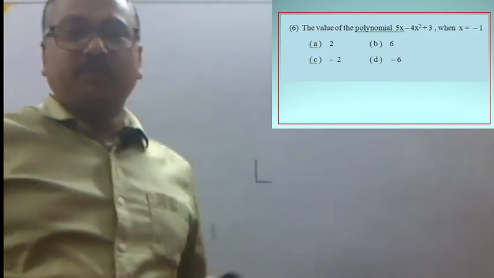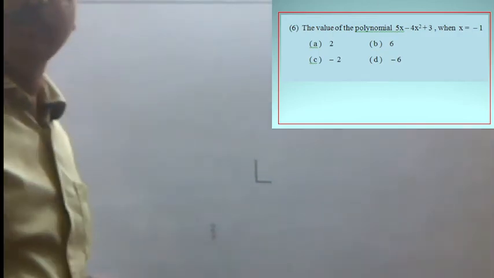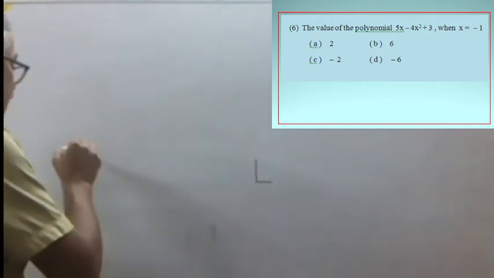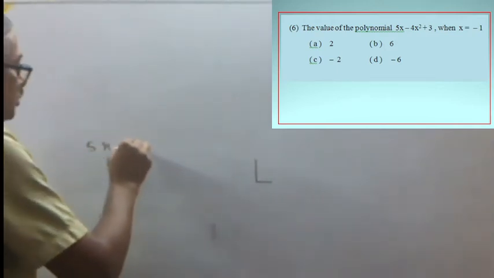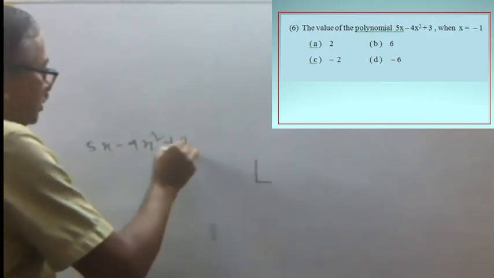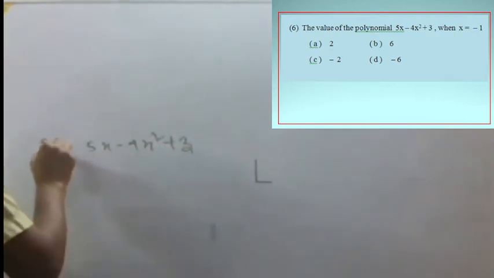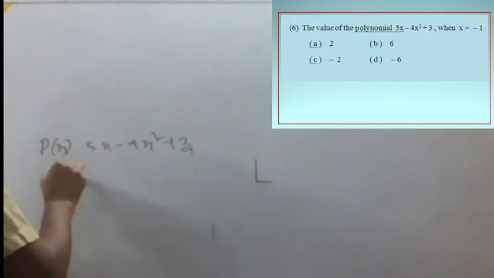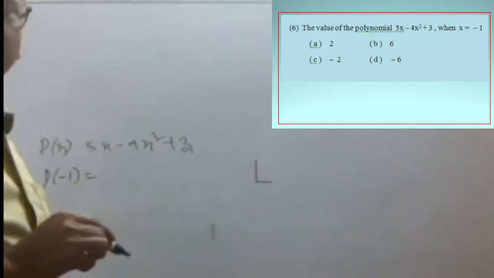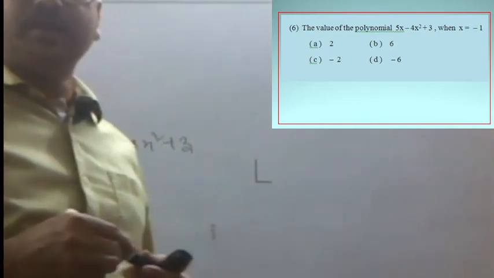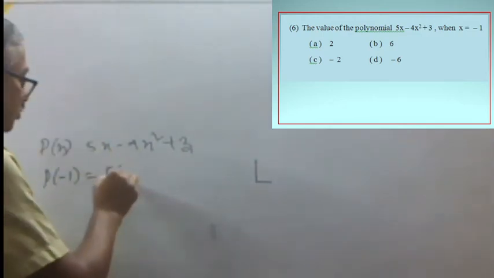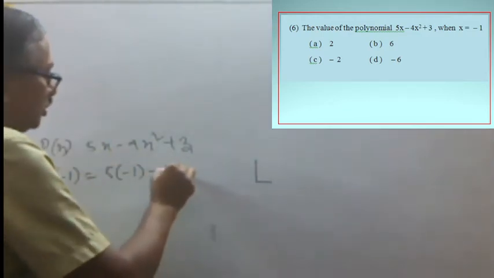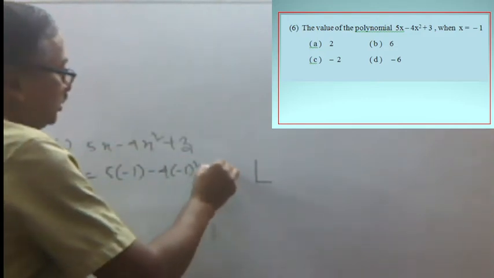The value of the polynomial, same pattern: P(x) equals 5x minus 4x squared plus 3. We have to find P of minus 1, that is at x equal to minus 1. If we put minus 1, we get 5 into minus 1, minus 4 into minus 1 squared, plus 3.